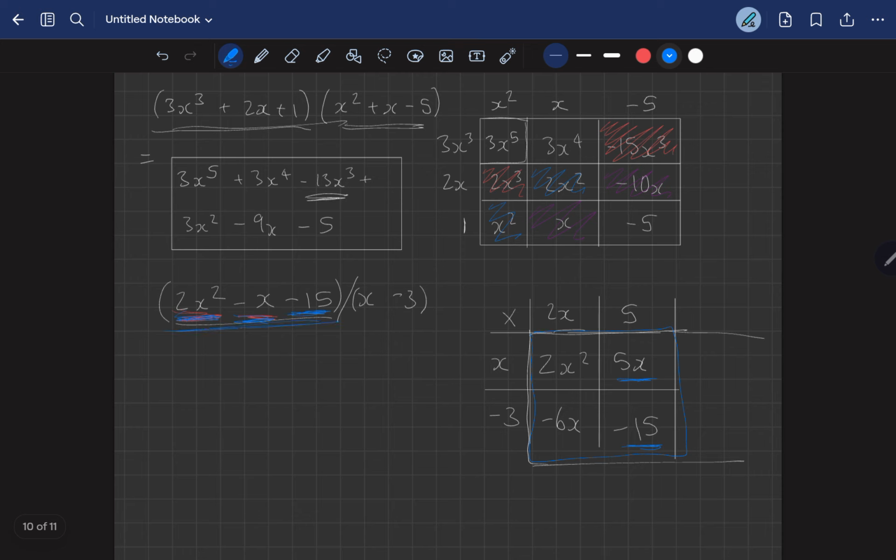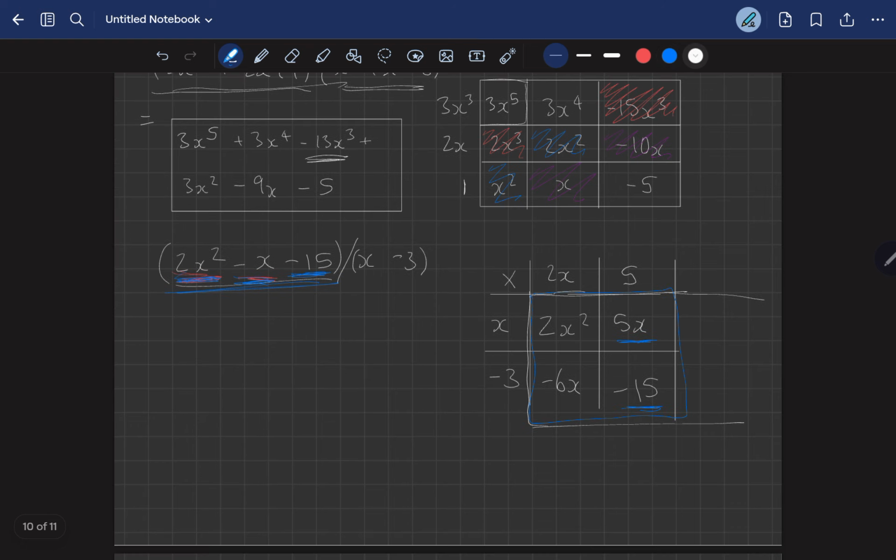This means that we know x minus 3 times 2x plus 5 is equal to 2x squared plus 5x minus 6x minus 15. Now, let me just write this out. 2x plus 5 times x minus 3 is equal to 2x squared minus x minus 15.